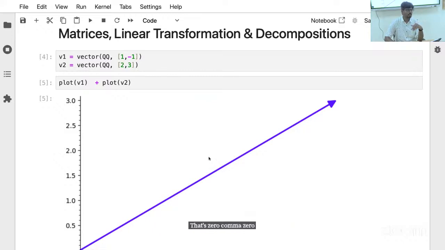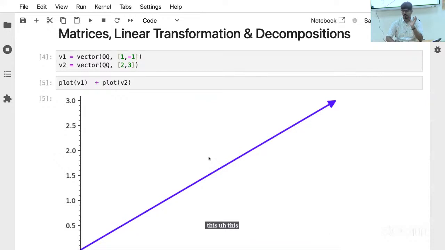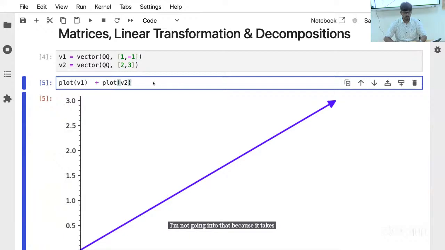It's not all the time that the tail of the vector has to be 0, 0. The tail of the vector can be anywhere in the vector space. At that time, you have to use the function called arrow to plot these vectors. I'm not going into that because it takes more time. Anyway, you can do it by yourself.